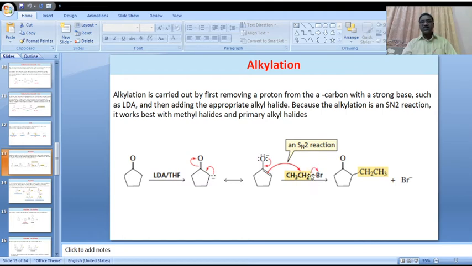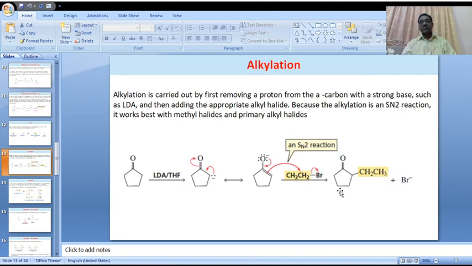Because the alkylation process is an SN2 reaction. SN2 reaction indicates the attack of the alkyl group on the alpha position, and at the same time removal of the halogen, Br minus, in the same step.